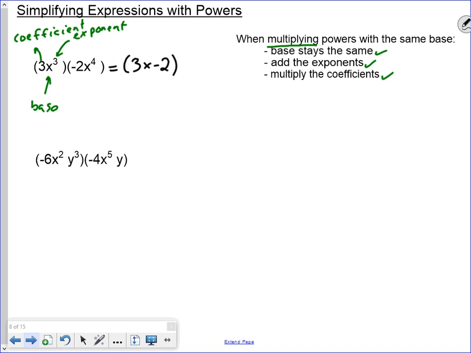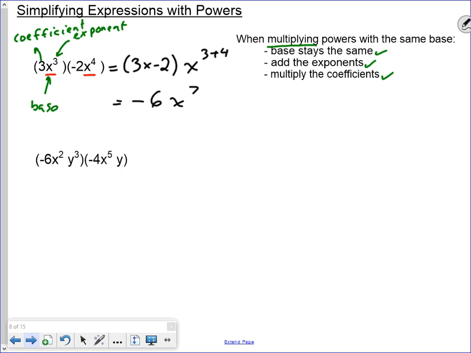And then when I deal with my x to the power of 3 and x to the power of 4, I'm going to use the rules that we just covered. Base is going to stay as x. I'm going to add those two exponents together. So I'll get negative 6x to the 7 as my simplified answer.